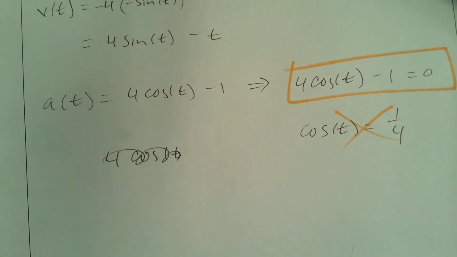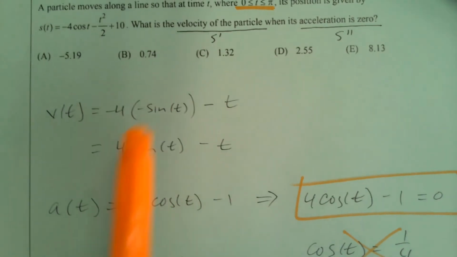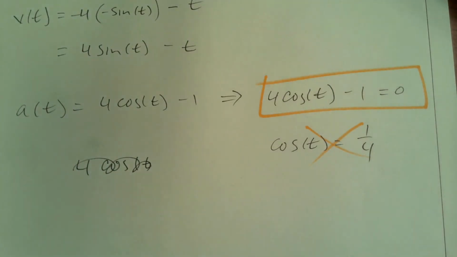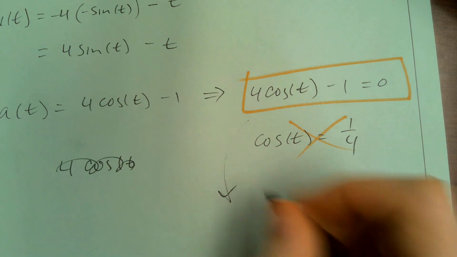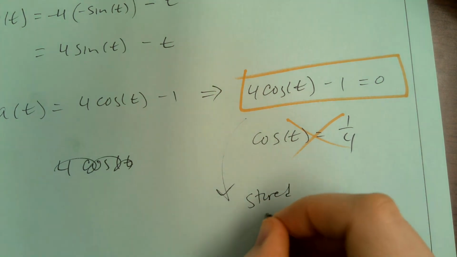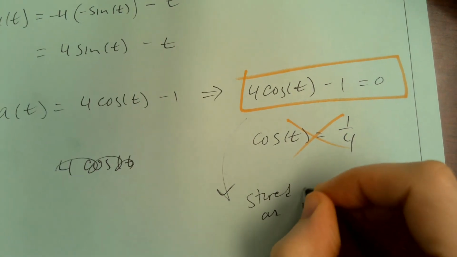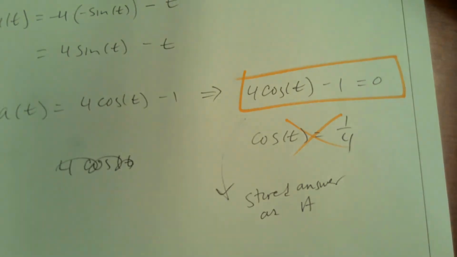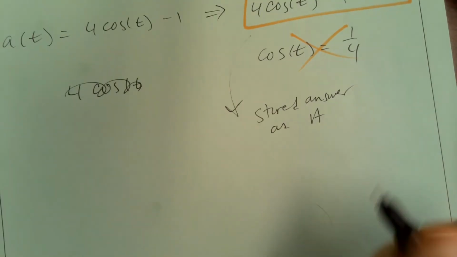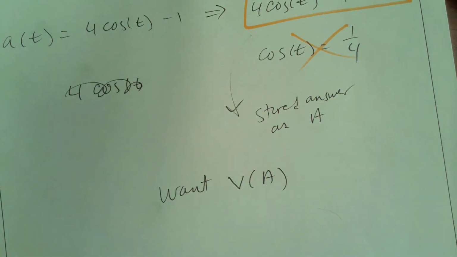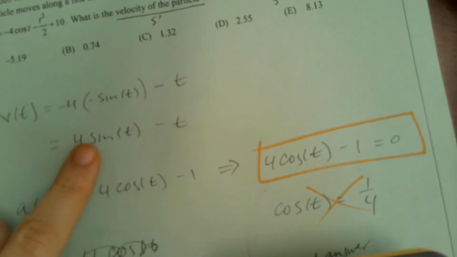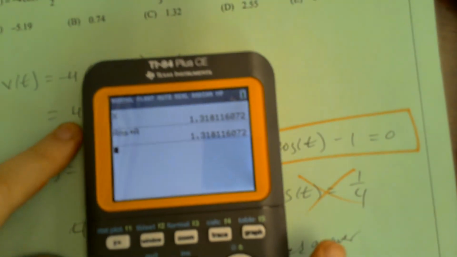Now I want to know what the velocity is when the acceleration is 0. I stored the answer as A, so now I want V of A. In my calculator, I'm just going to take this and put A in for t.